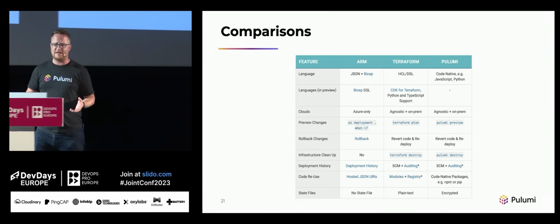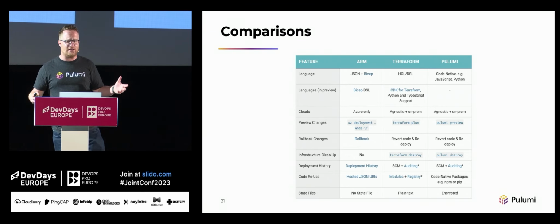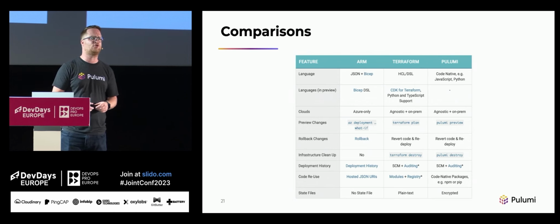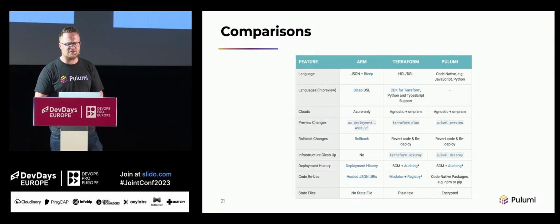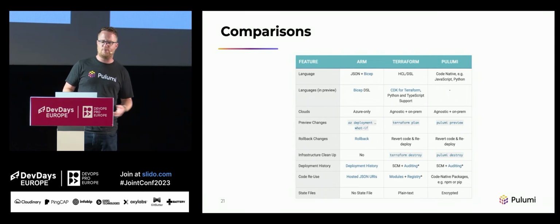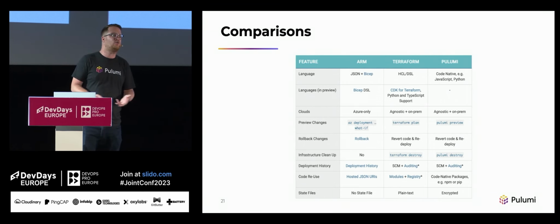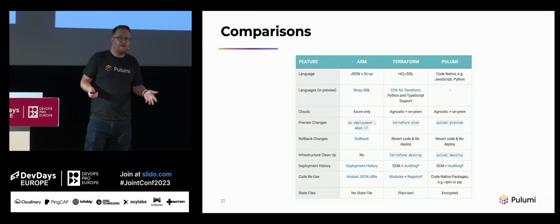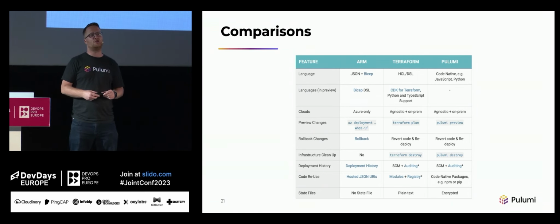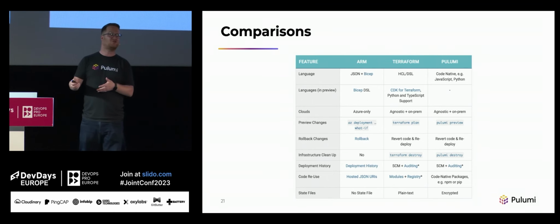Because if you look at this, the clouds that an infrastructure as code tool supports is probably important, but what on earth do deployment history and infrastructure cleanup and code reuse and state files mean? Why do I care about state files? Is that something that's important to me? Maybe, but it's probably not important to everybody in your organization. What they really want to do is just be effective at getting infrastructure off the ground.